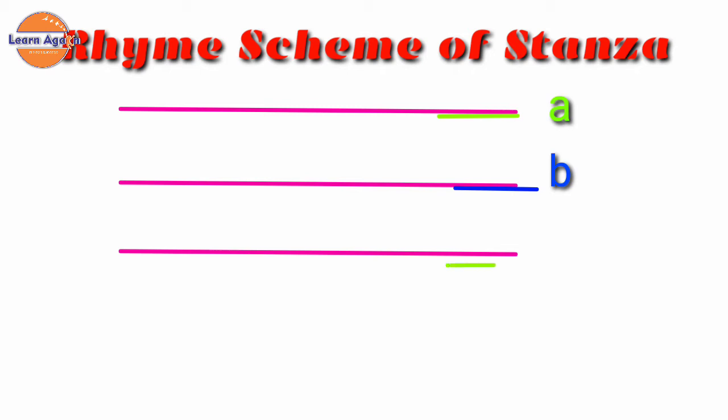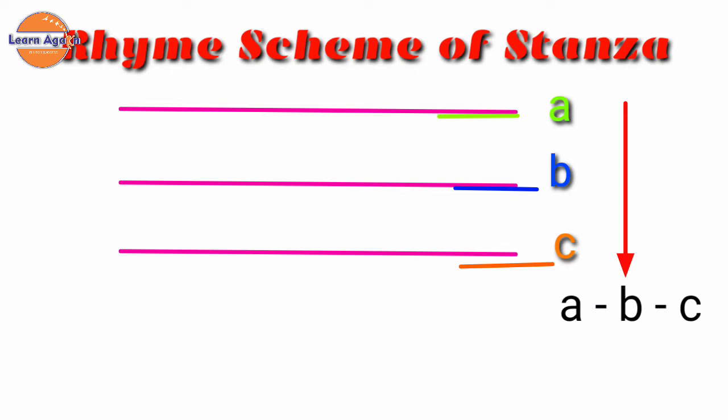For example, if the word's end sound matches with the last word's end sound of the first line, mark A. Or if it matches with the last word's end sound of the second line, mark with B. If not, then mark with C. As you go through a stanza, you will notice a pattern of rhyming words. That pattern will be the rhyming scheme of the stanza.